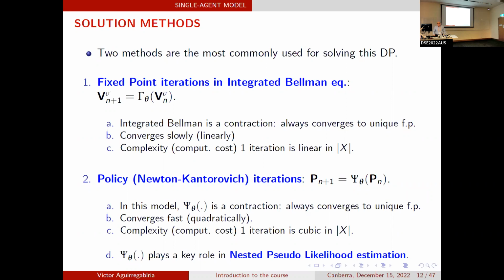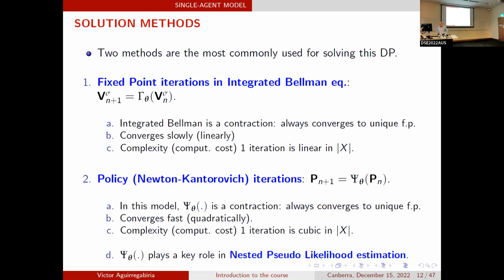Alternatively, we can use policy iteration or Newton-Kantorovich iteration, which converges faster, quadratically, but the complexity is between a square and cubic. Basically, the complexity is related to the inversion of a matrix with the same dimension as the state space, and the number of basic operations needed to invert a matrix is something between quadratic and cubic.